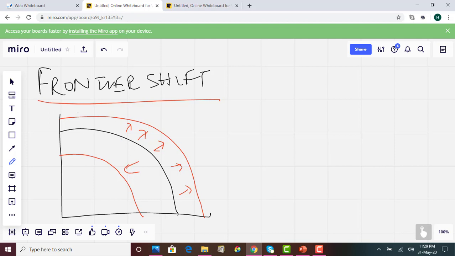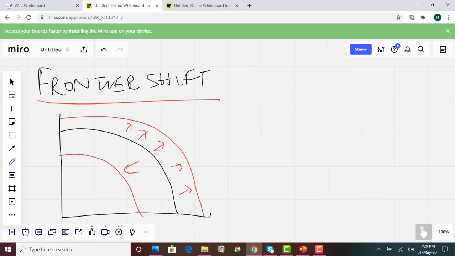Let's say we discover a new oil site, or a new gold mining site which has a lot of gold reserves. Then if it's a product like jewelry, the output of jewelry will go up and the curve will shift to the right. So if the amount of resources goes up, then the curve will shift to the right.